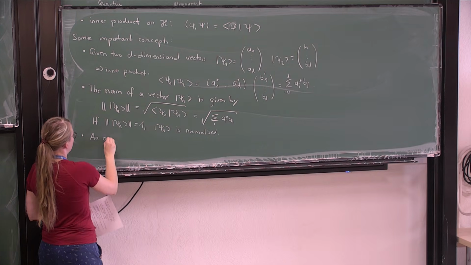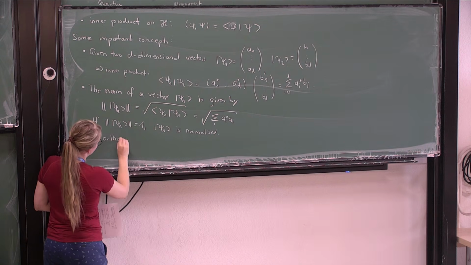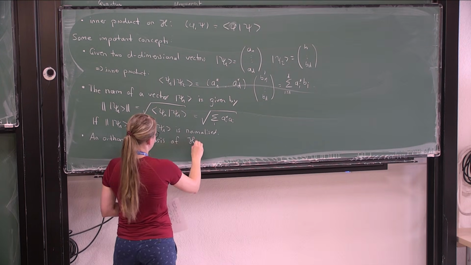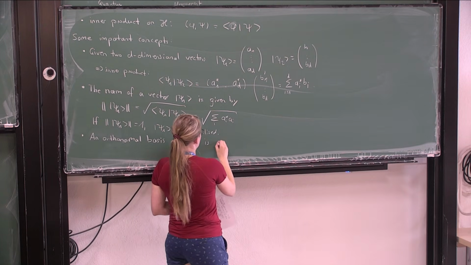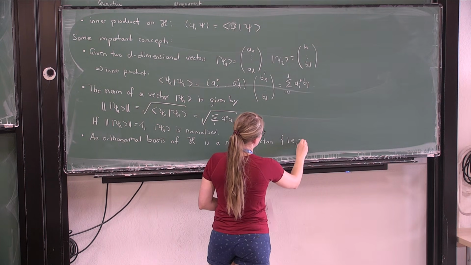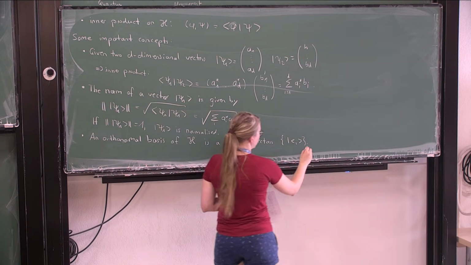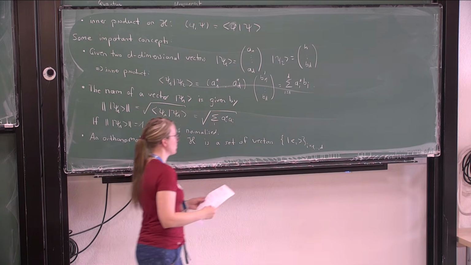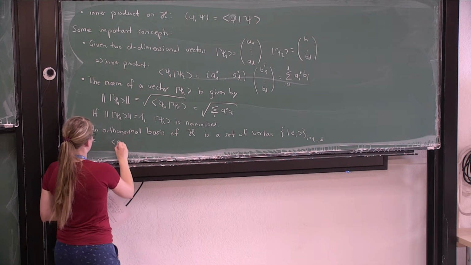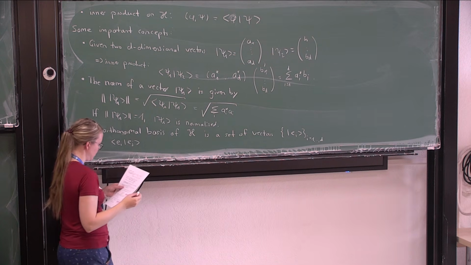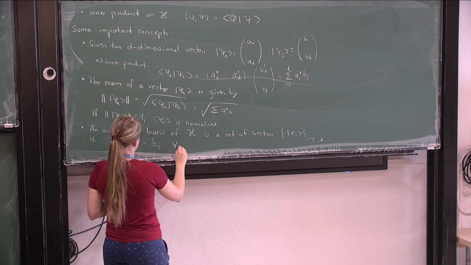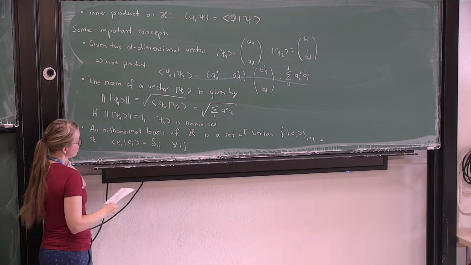An orthonormal basis of H is a set of vectors, denote them e_i, where i goes from 1 to the dimension of the vector space, such that, as the name says, they are orthogonal, that is, the inner product of e_i and e_j is zero for i not equal to j.